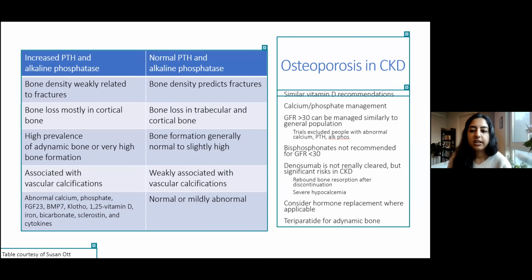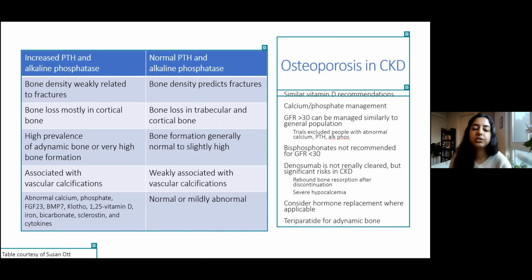I don't have a ton of time to get into CKD and osteoporosis, but I'll just leave it at, the pattern of osteoporosis is very distinct in CKD because of the calcium and phosphate dysregulation that occurs in CKD. There's this disease entity called adynamic bone that's treated distinctly than osteoporosis.